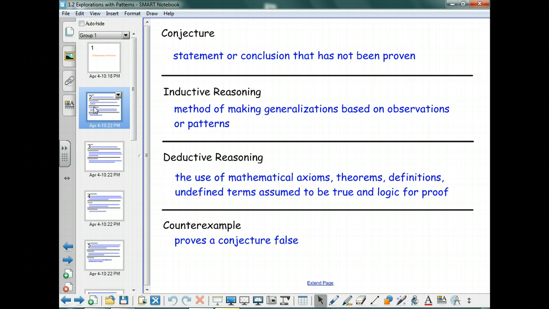A counterexample is something that proves that a conjecture is false. We created one of these in another class of mine yesterday. We did a very similar thing that you're going to see in the section C problems in your book. Some student's going to say, this is what I think is happening, or this is why I think it's happening. And you have to look at their work and say, are they right?